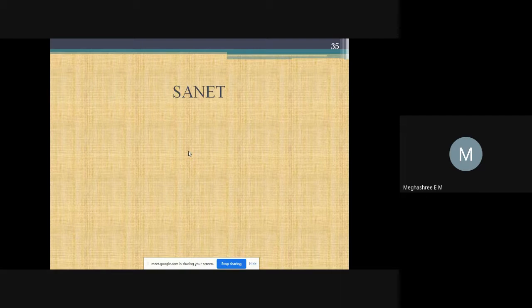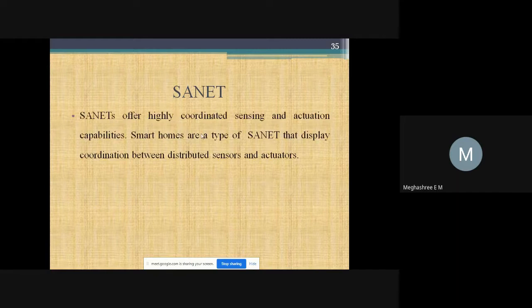Okay, SANET stands for Sensors Actuators Network. This SANET is a network of sensors that sense and measure their environment and/or actuators that act on their environment.